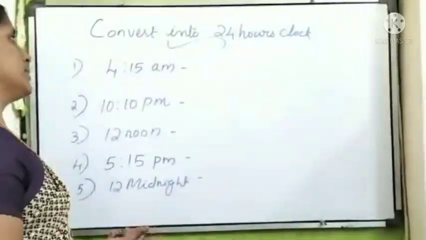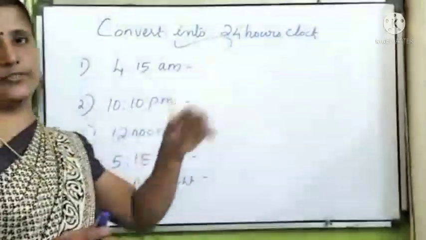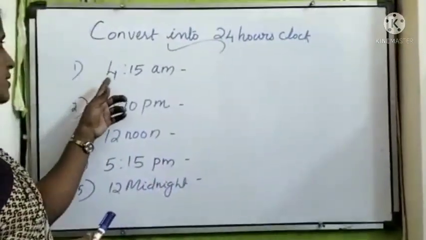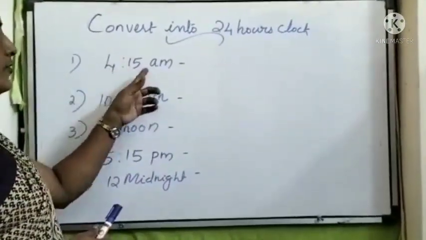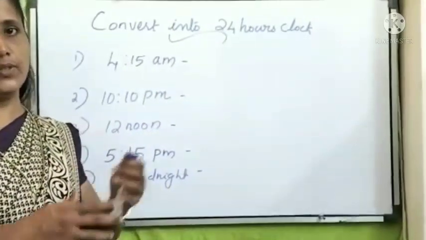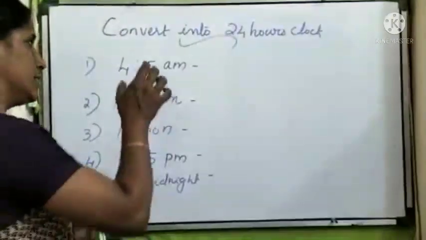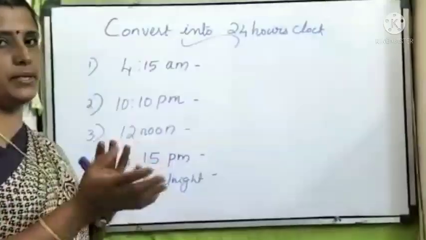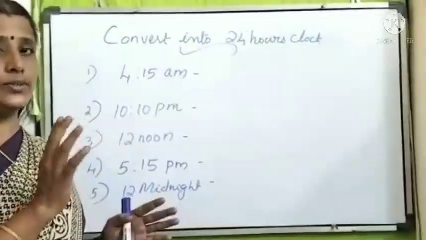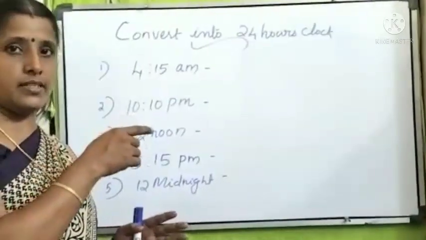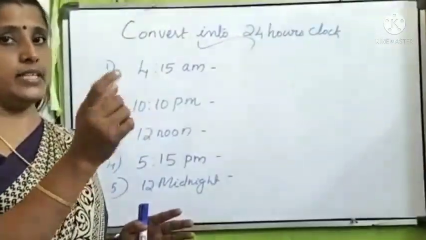Some more examples we need to convert into 24 hours. The first question is 4:15 a.m. How can we convert it into 24 hours? The a.m. time is the same in 24 hours, but we use two places for hours and also two places for minutes.